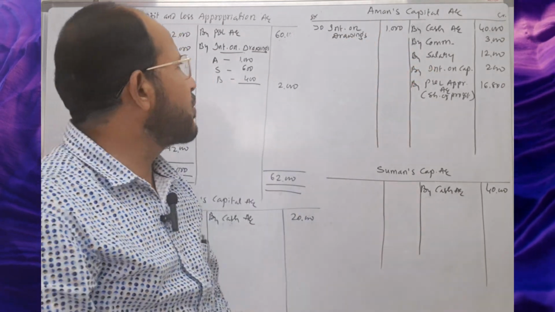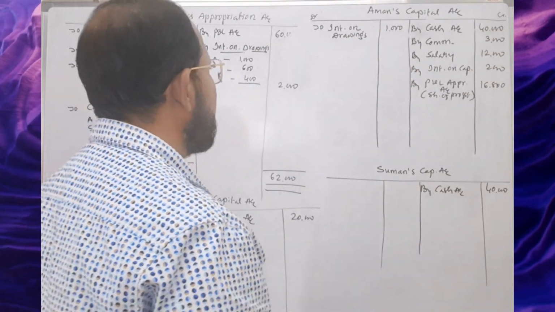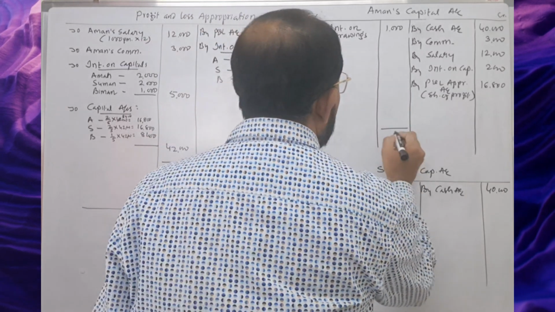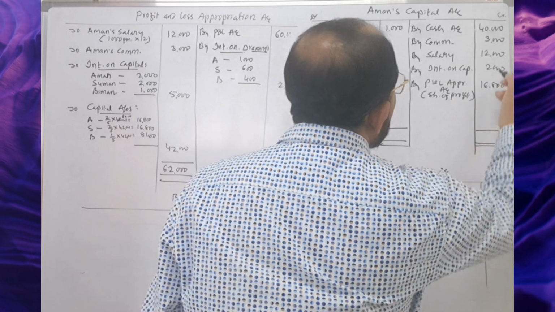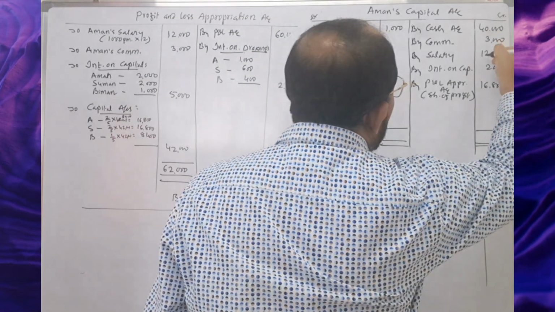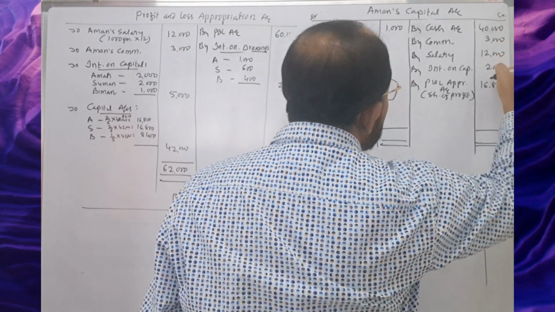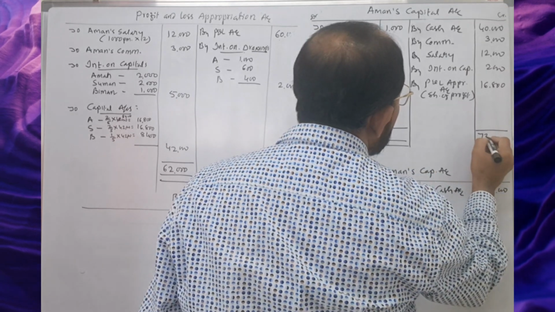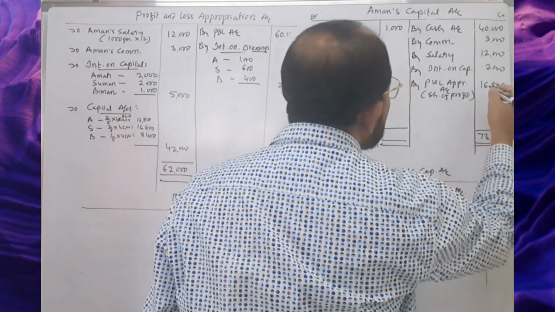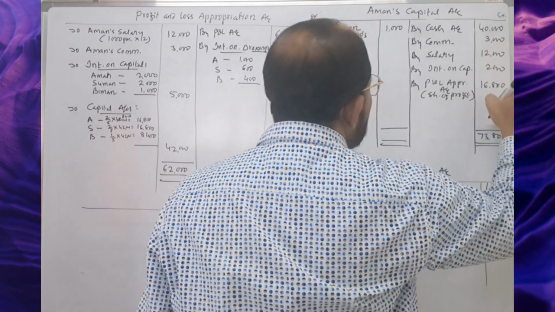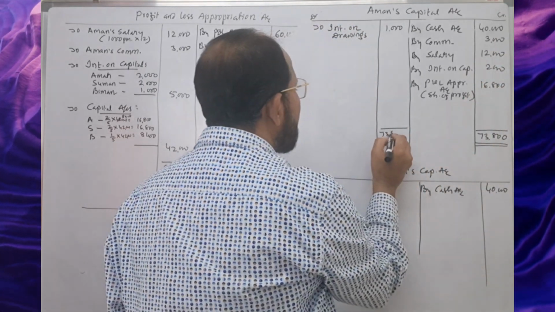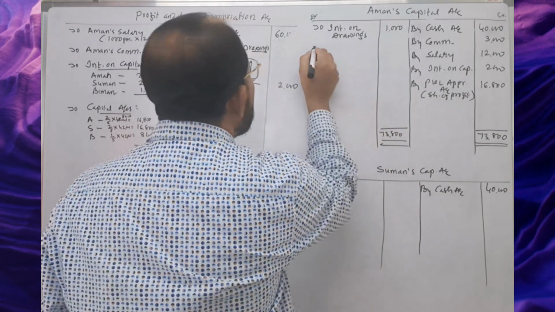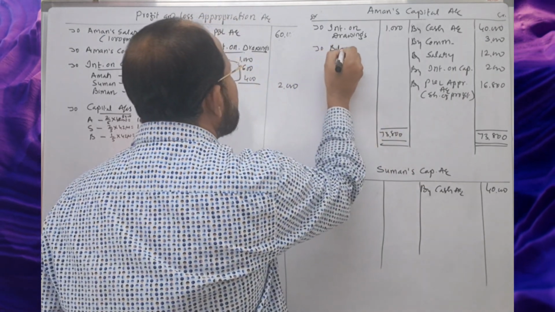That amount I am going to show here, rupees 1,000. Now, his capital account is to be closed. The total comes to 73,800. Here you write by balance carried down.